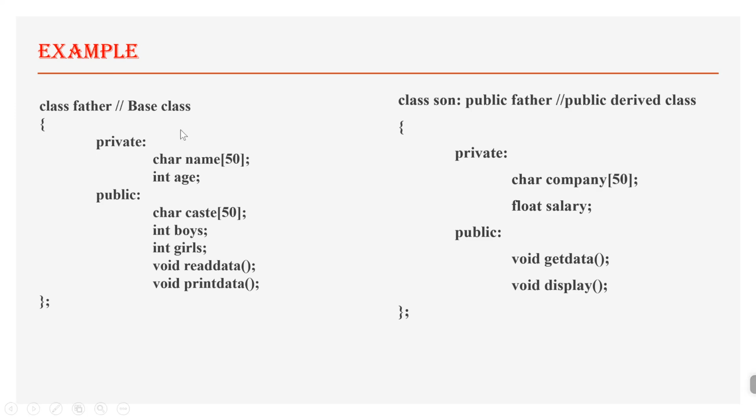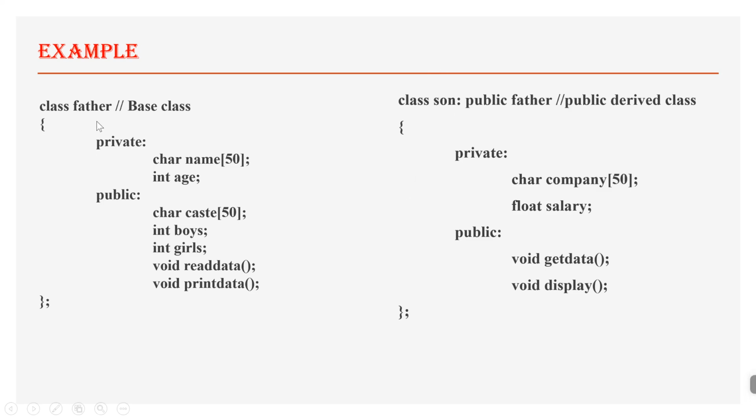Okay. So now here there are parameters like name, age, then public. So these are all the properties which are getting shared by the son. Along with that, we have the two more data types which are limited only to the son. Remember, company and salary are visible only to the objects which are defined under class son.